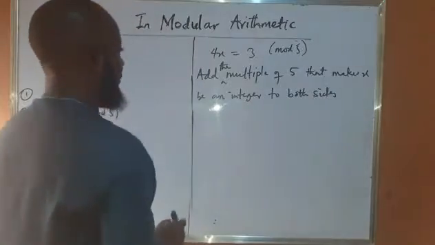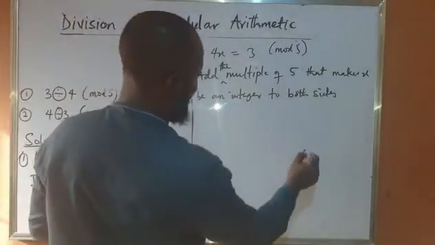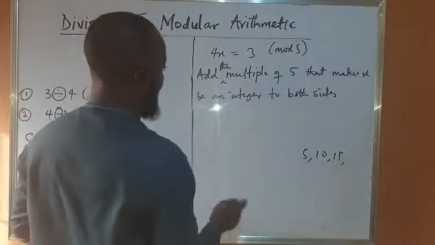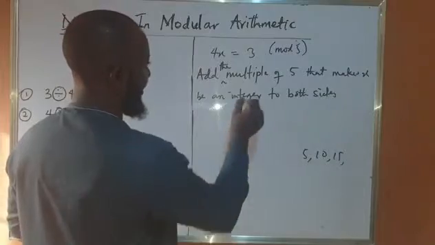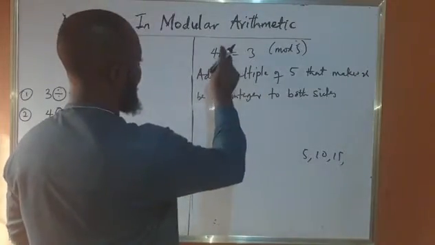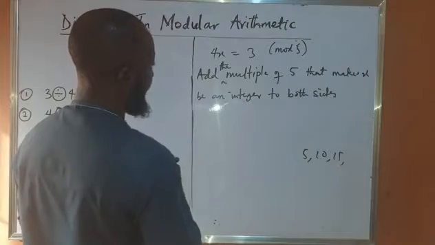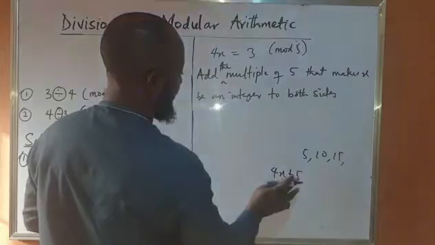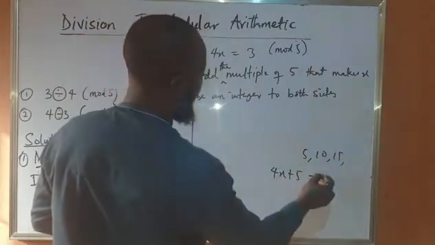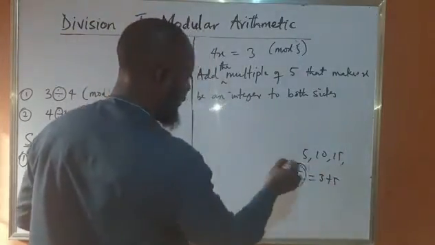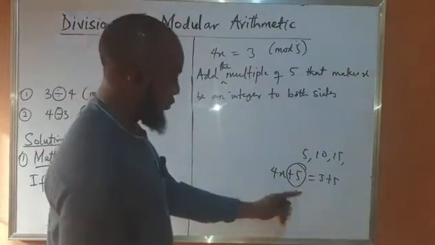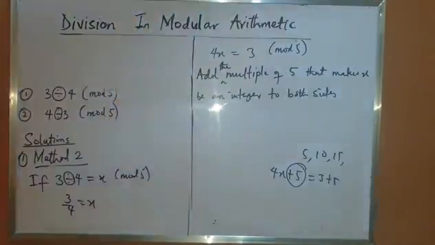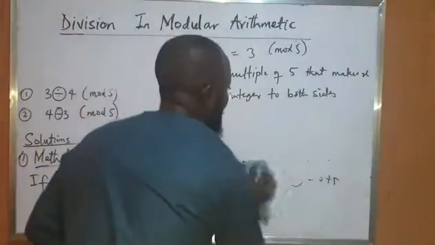The multiples of 5 are 5, 10, 15, and so on. So let's test for the first one. This is 3 here, this is 4 here. So we have 4x plus 5 equals 3 plus 5, everything in mod 5.